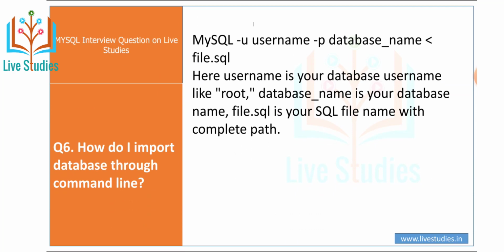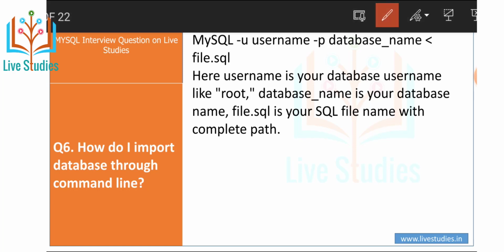Move to another question. Another question is, how do I import a database through the command line? Just see this: mysql, username, database name, then the file. Import, not impact, import, sorry.